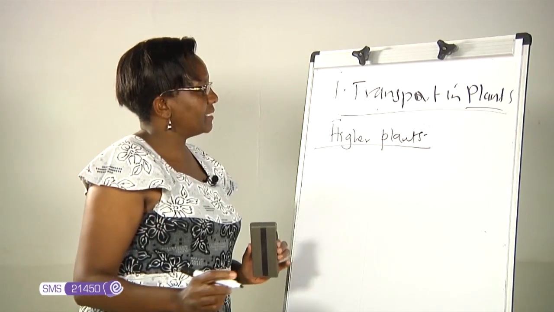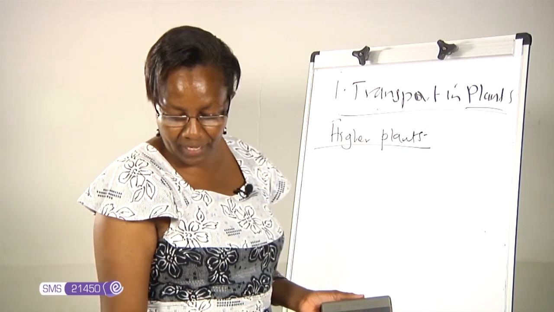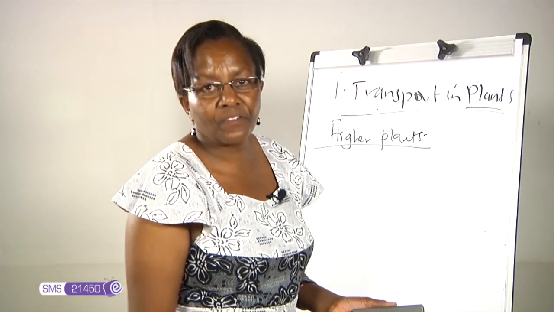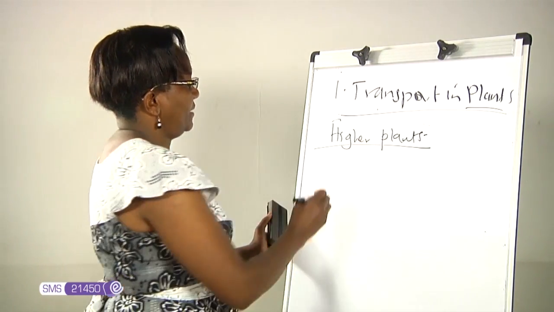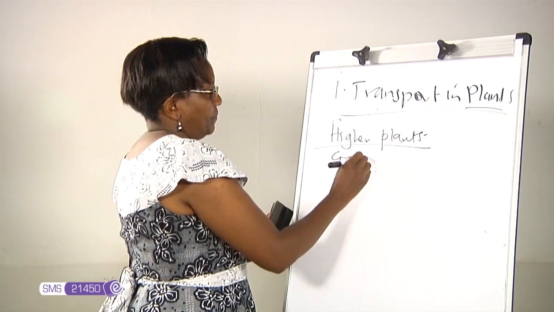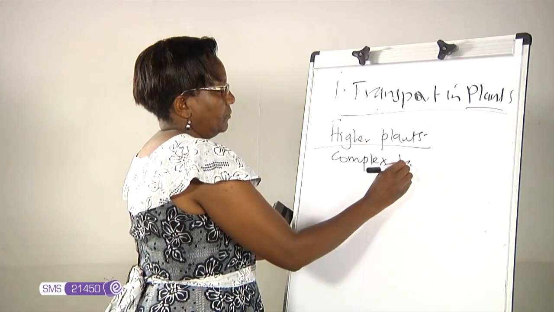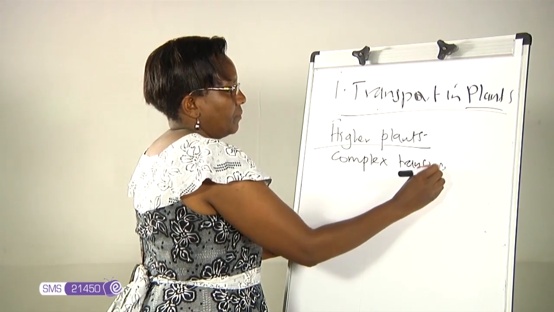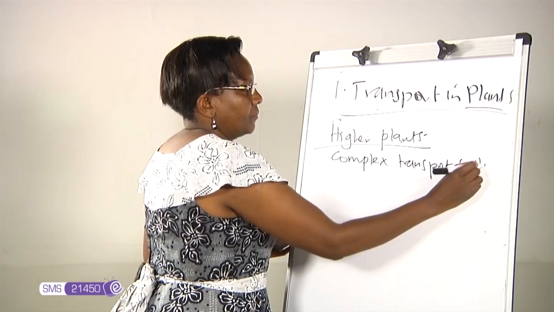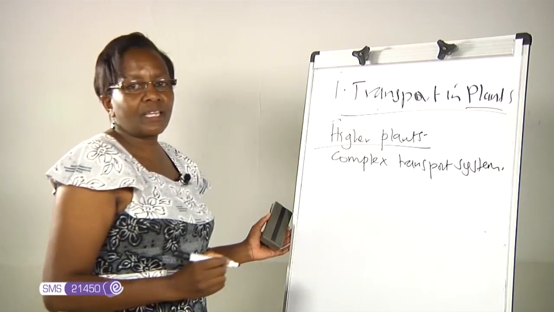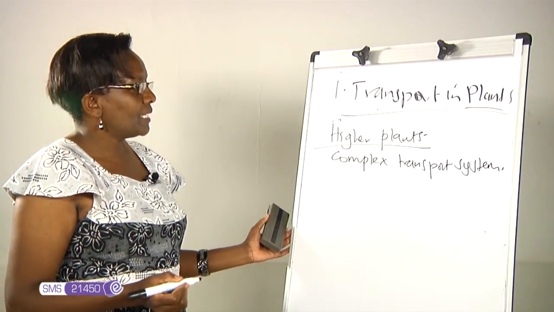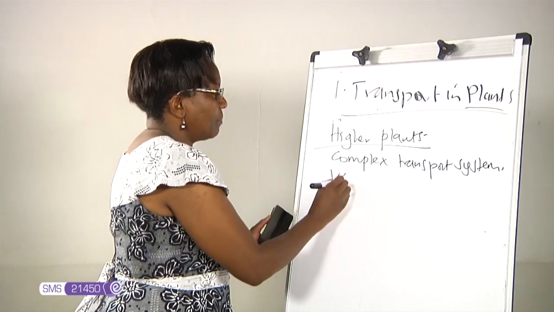Now, higher plants, like we talked about, the higher animals, they have a complex transport system. And this complex transport system is made up of vascular bundles.